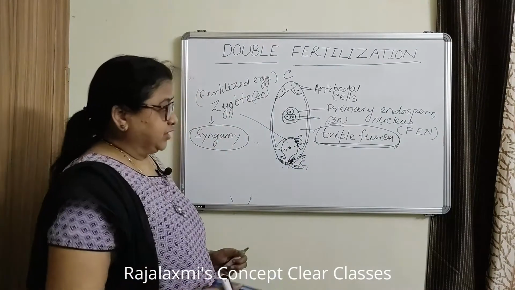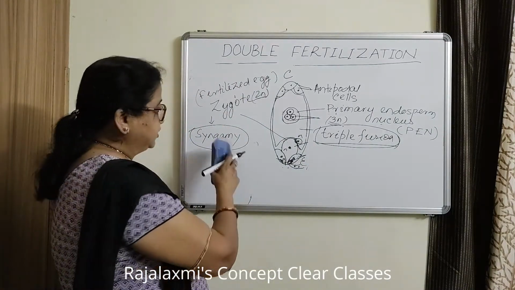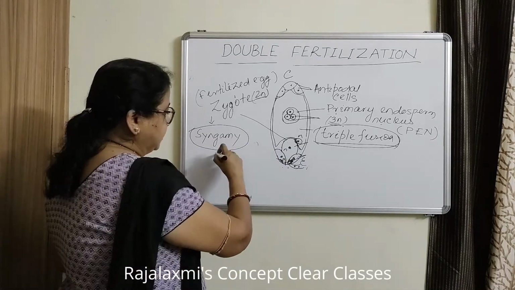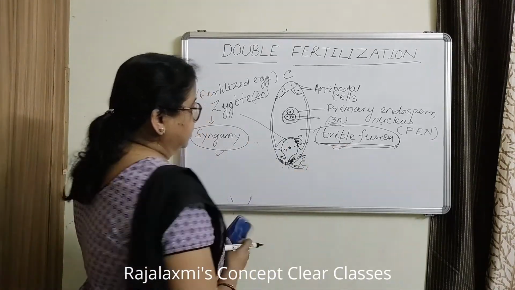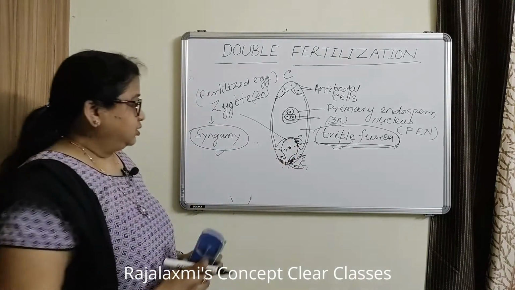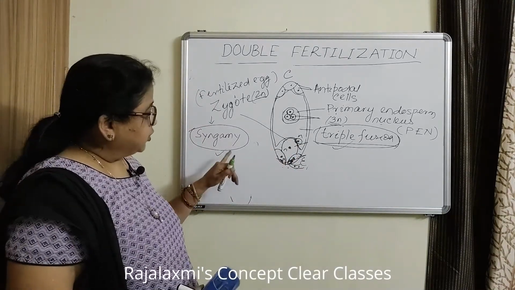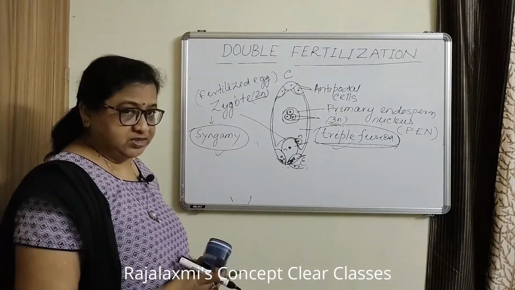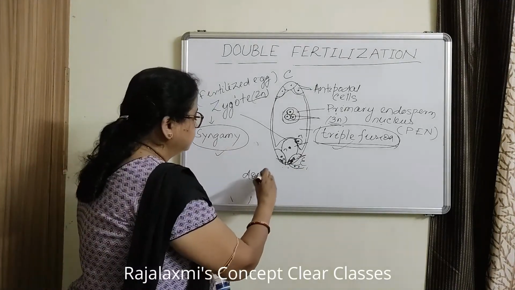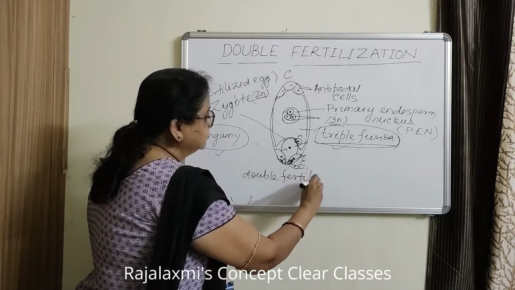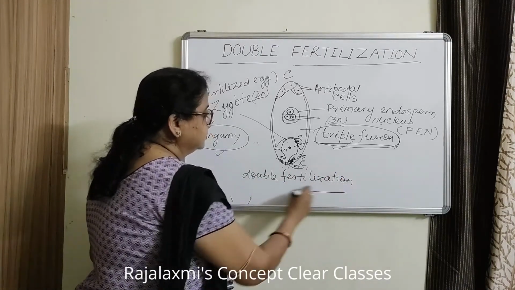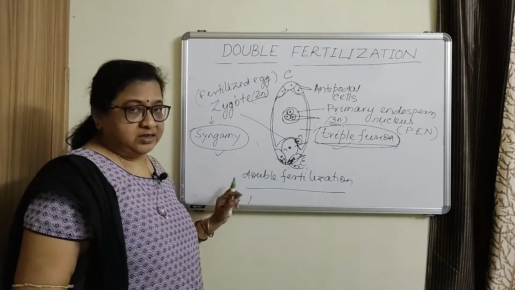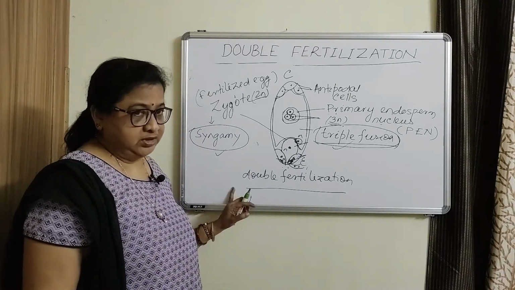So fertilization or fusion occurs at two places: at the egg, known as syngamy, and the other is triple fusion. As fertilization occurs at two places, it is known as double fertilization. This double fertilization is a characteristic of flowering plants only.